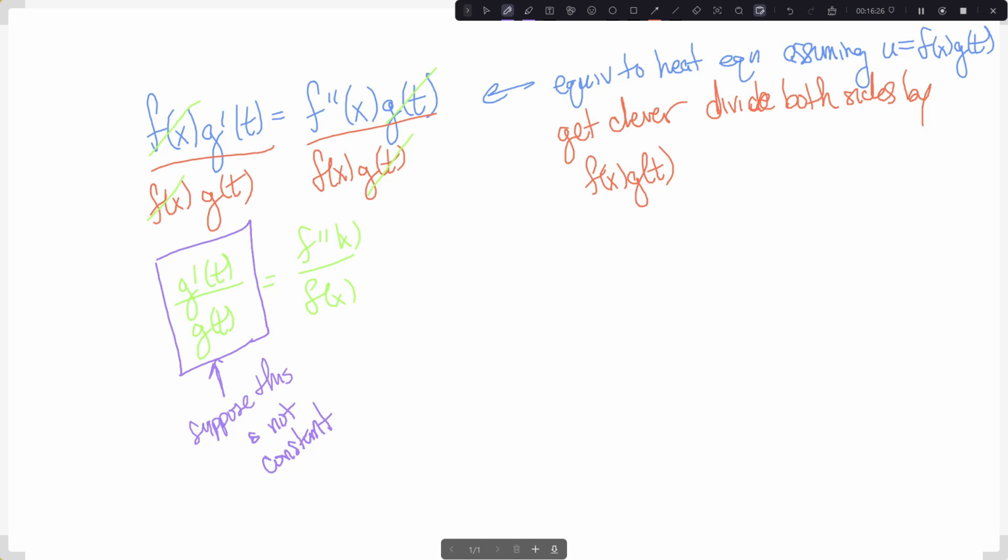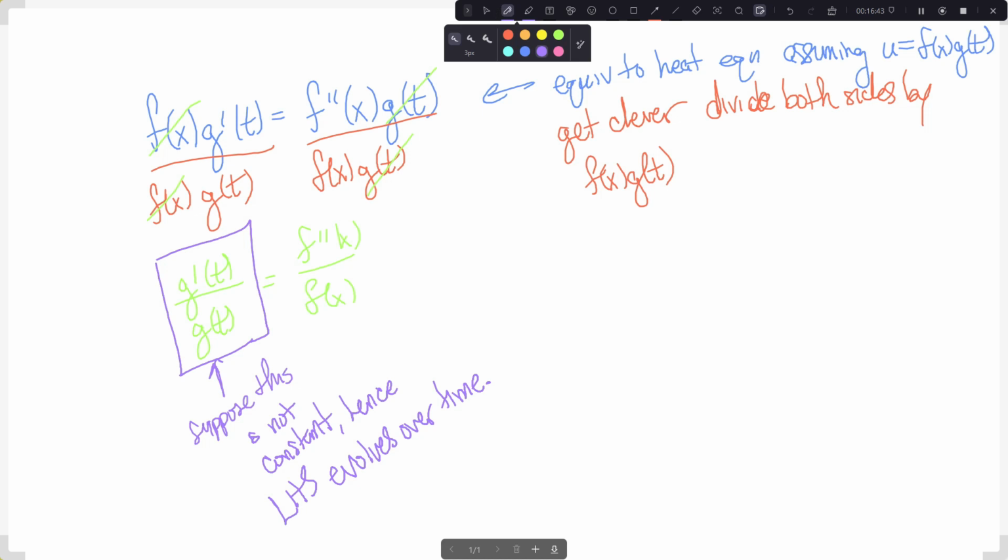So the left-hand side evolves over time. I want to say this really quick. Hence, left-hand side, LHS, evolves over time. Well, something important to say is that the right-hand side equals the left-hand side.